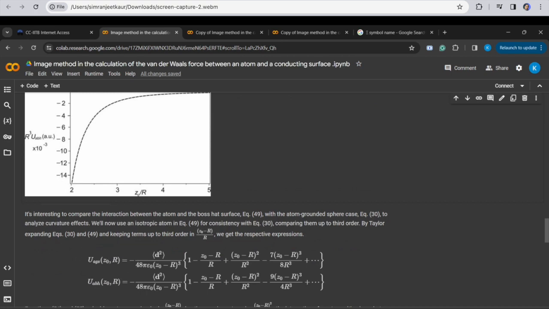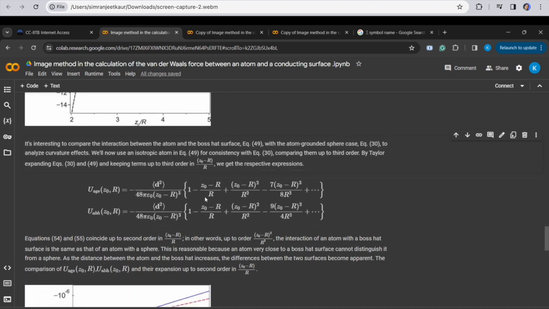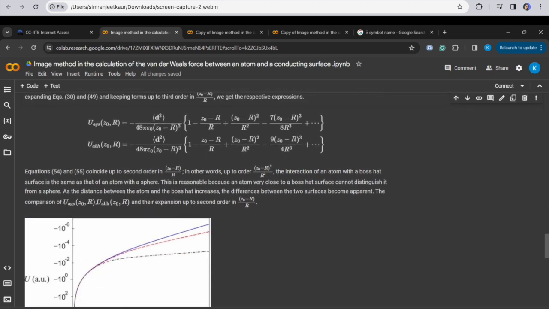By Taylor expansion, keeping up to the third term in z naught minus R upon R, we get the respective expressions. Equations 54 and 55 coincide up to the order in z naught minus R upon R. In other words, up to z naught minus R squared upon R squared, the interaction of the atom with the Bose head surface is the same as that of the atom with a sphere.